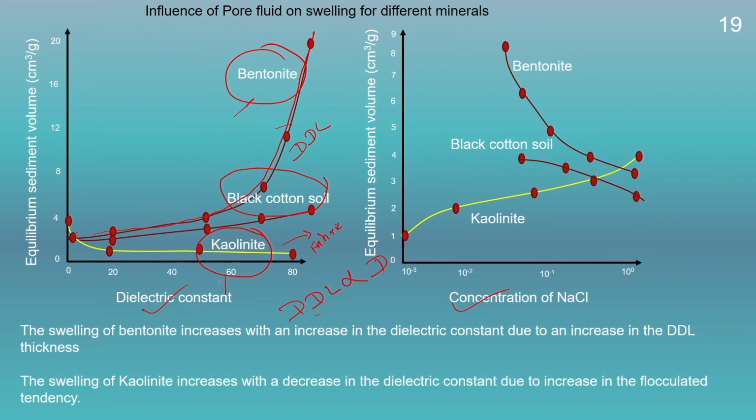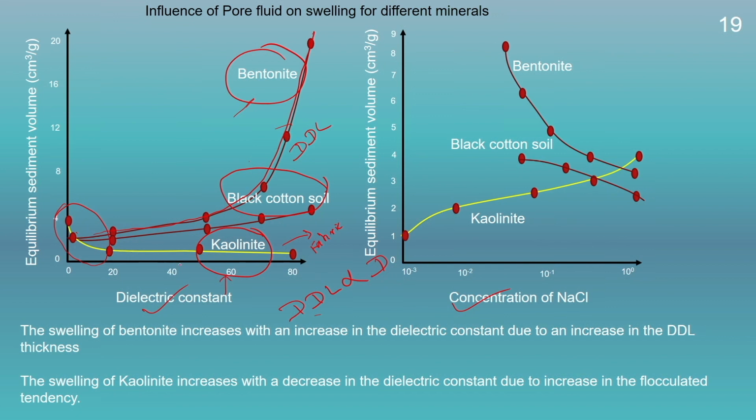This is because of the fabric, as I told you earlier. With decrease in the dielectric constant, the net force between the kaolinite minerals will be attractive, and therefore, they will form a flocculated structure. As the flocculated structure will have more volume, the volume of this kaolinite at low dielectric constant will be higher.